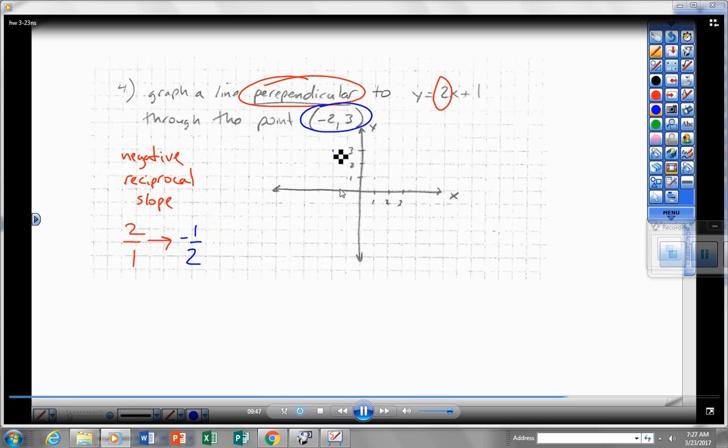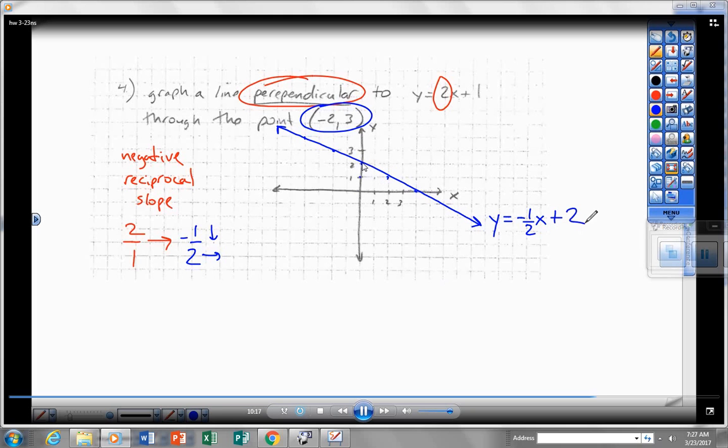So I go to the point negative 2, 3, and from there I go a run of 2 and down 1 for my rise. Run of 2, down 1. Be able to stair step both directions. I'm going to draw that line and see where it crosses the y-axis so I could write my line in slope-intercept form. So that line is y equals negative 1/2 x plus 2. That is the y-intercept.